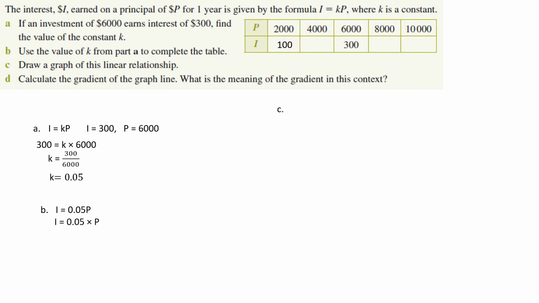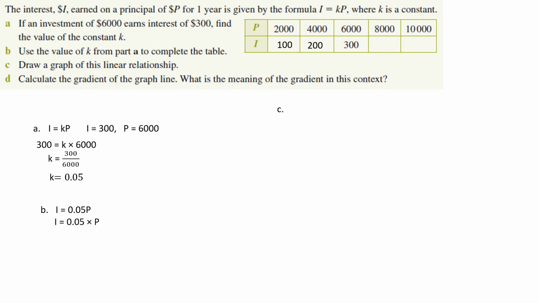For the second part, we'll do I equals 0.05 times 4,000, and if you do that on your calculator, you'll get 200. 6,000 is done for you. You should be starting to see a pattern now. Now we'll do 8,000.